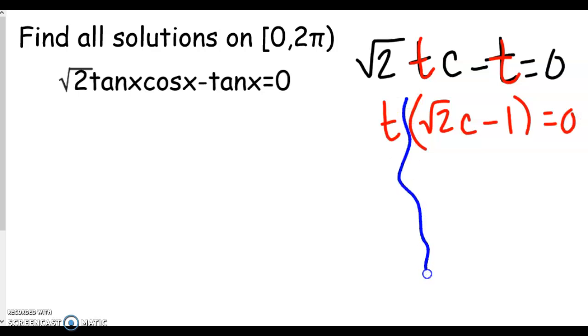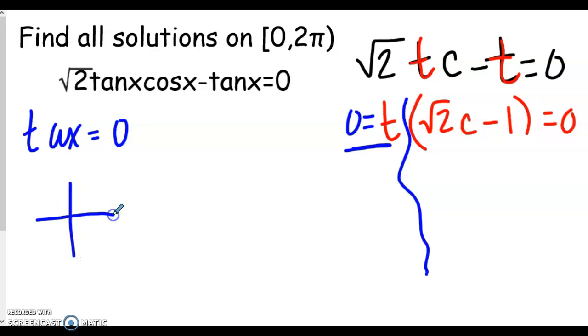Okay, now think way back. When you have something like this, you just set both things equal to 0. So this right here says tangent of x equals 0. Well, tangent is the y over x. So where is the y over x 0?